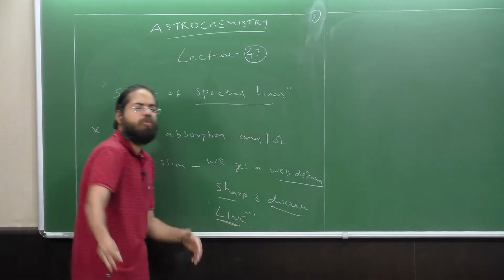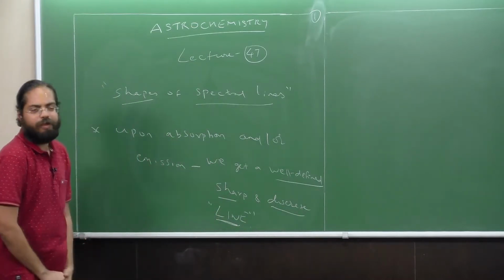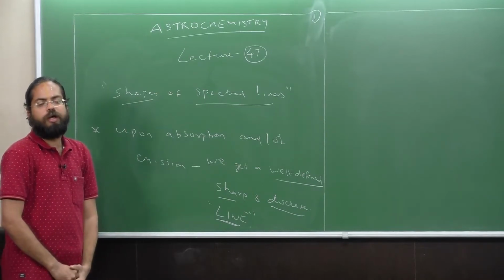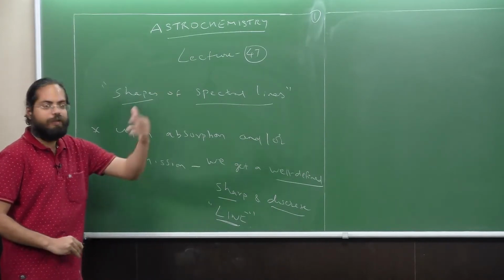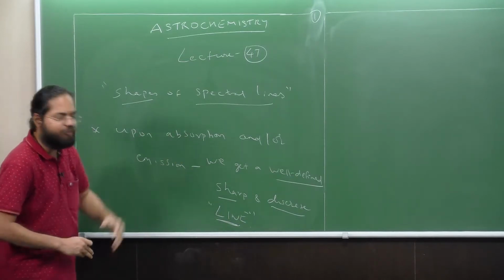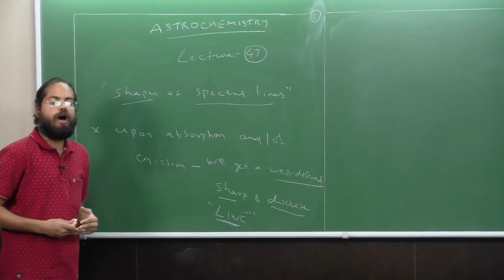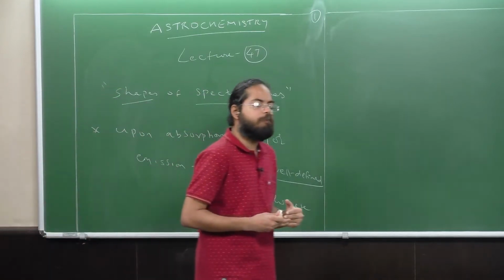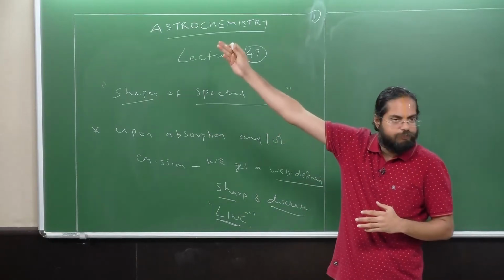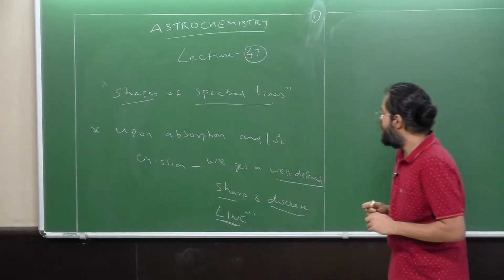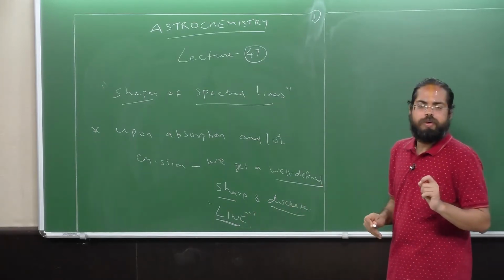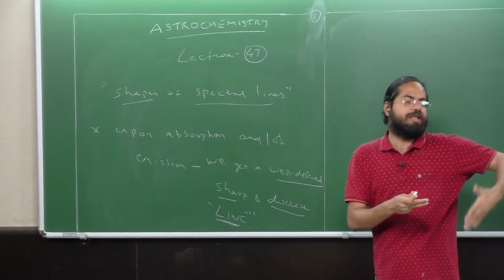This is what I've been telling you all along in this course, corresponding to any transition in a molecule. It can be an electronic transition, a vibrational or a rotational transition. We shall be getting a well-defined, sharp and discrete line. And these lines are what are going to be helpful for characterizing the bound system that is present in space, correct?